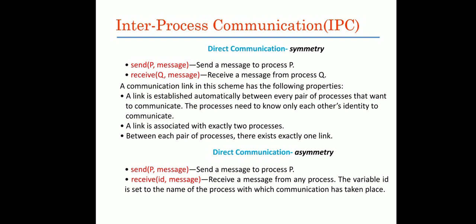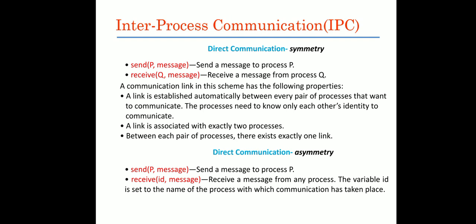Here P is the receiver. The send primitive will send that particular message to receiver P, and in the receive primitive Q is the sender. The receive primitive will receive a message from Q. Here P and Q are the identifiers in this symmetric direct communication.